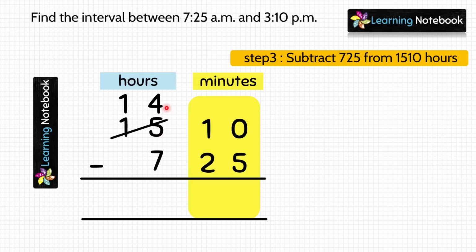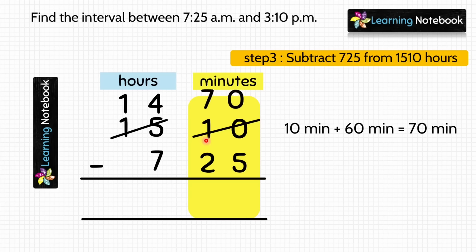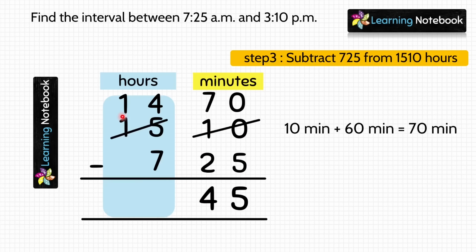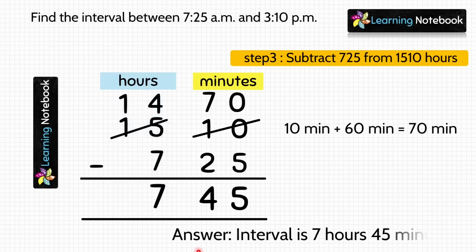So 15 becomes 14 and this 10 becomes 70. And 70 minus 25 equals 45. Now subtract the hours column. 14 minus 7 equals 7. So we have got the answer as 7 hours 45 minutes. So the interval is 7 hours 45 minutes between 7:25 a.m. and 3:10 p.m.